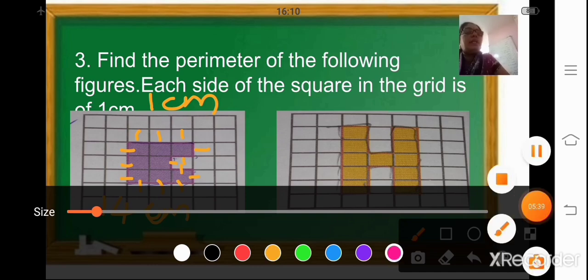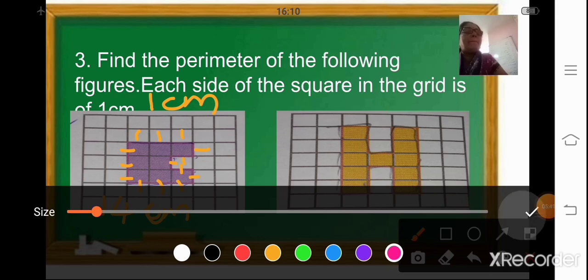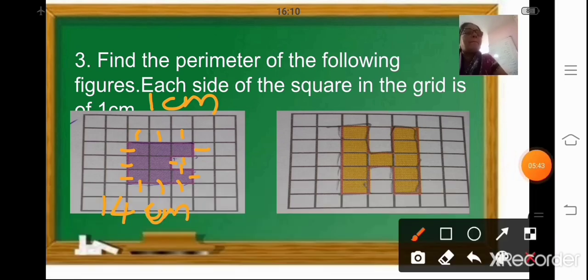We'll start from here, that is 1, 2, 3, then 4, 5, 6, 7, 8, 9, 10, 11, 12, 13, 14, 15, 16, 17, 18, 19, 20, 21, 22, 23, 24.